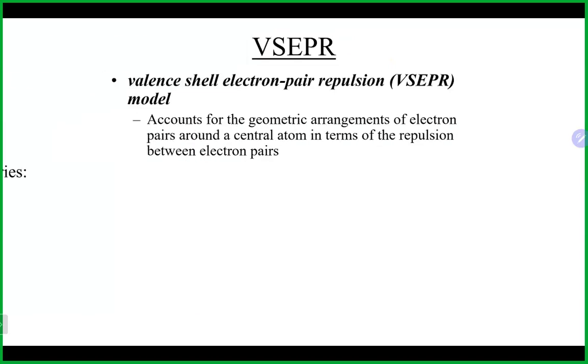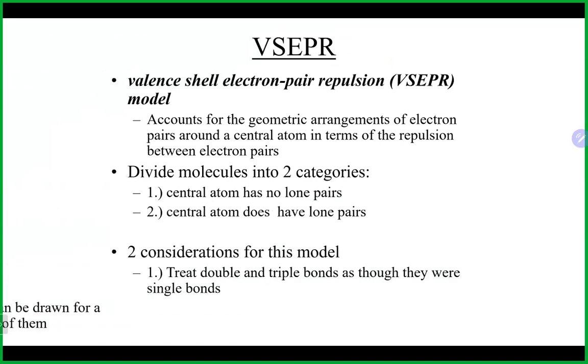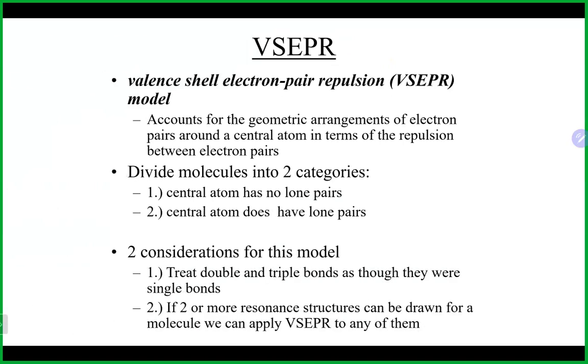This is known as the valence shell electron pair repulsion model, also known as VSEPR. It is based on the central atom, how many electron pairs and how many bonds there are. It's broken up into two categories. One is where you draw your Lewis structure and there are no lone pairs, no non-bonding electrons, on the central atom, so there are no dots on it.